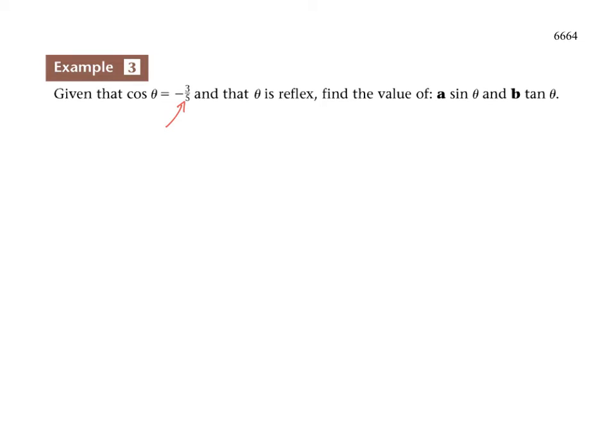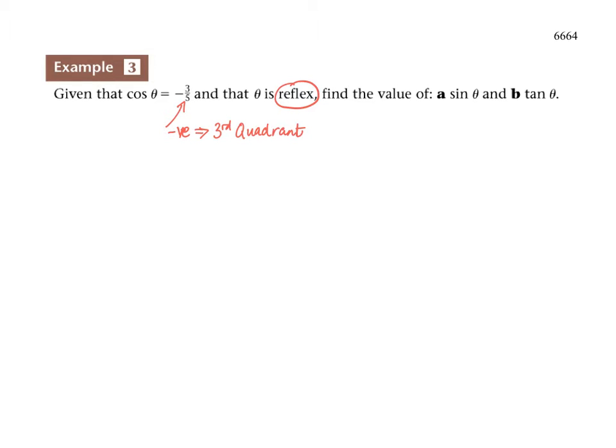So this ratio here is negative, and because we've got a reflex angle, we know that it must lie between 180 and 360. But because the ratio is negative, that means it must be in the third quadrant. So if we can find out what that is, then it should be fairly straightforward.